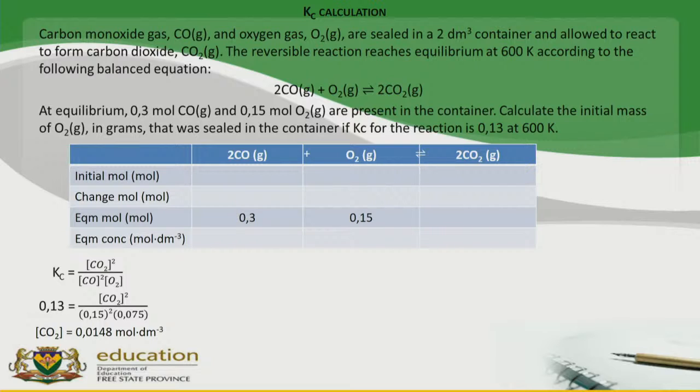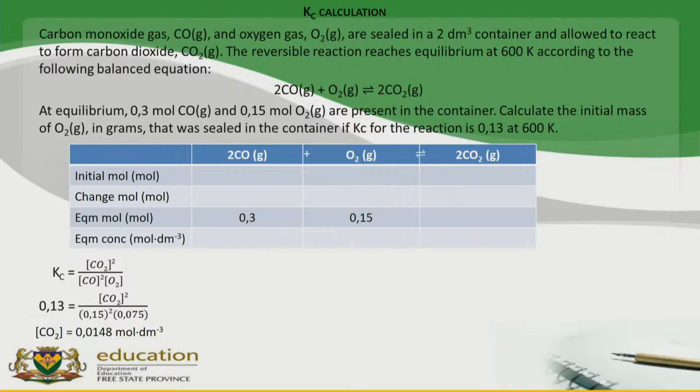Now, since we are given the Kc value, remember, Kc is the concentration of carbon dioxide raised to the power 2 divided by concentration of carbon monoxide to the power 2 multiplied by concentration of O2. So for me to calculate Kc, I need the concentrations. But I'm already given Kc. But I can use it to get the concentration of what I don't know.